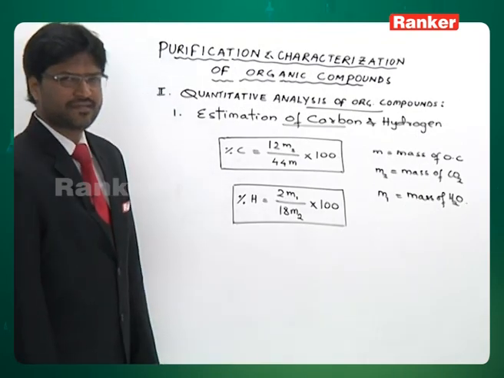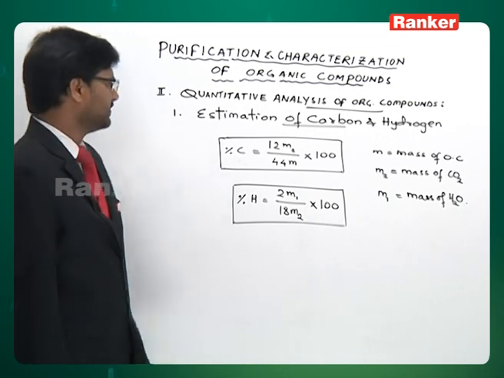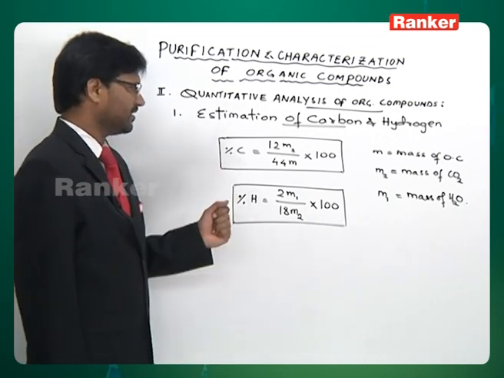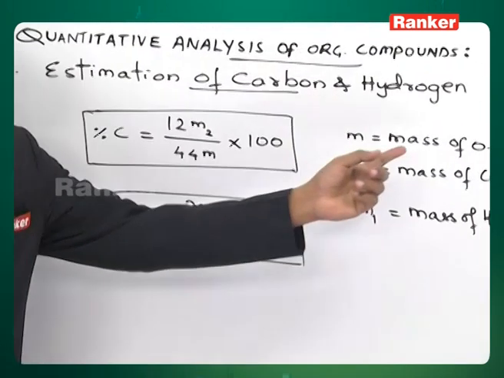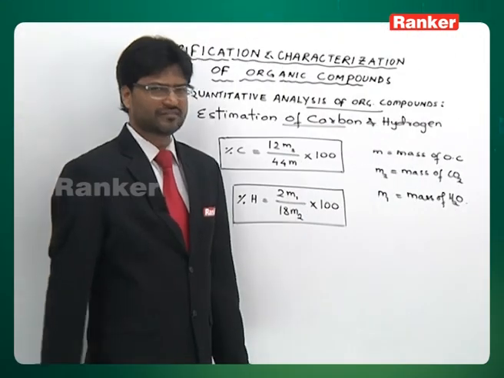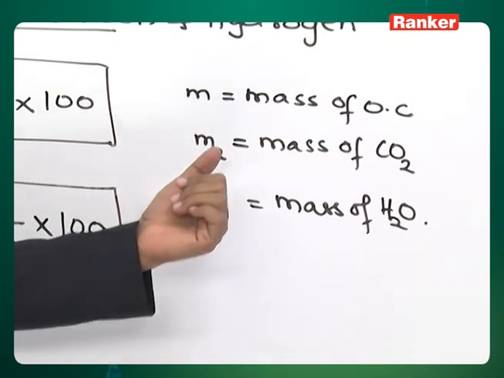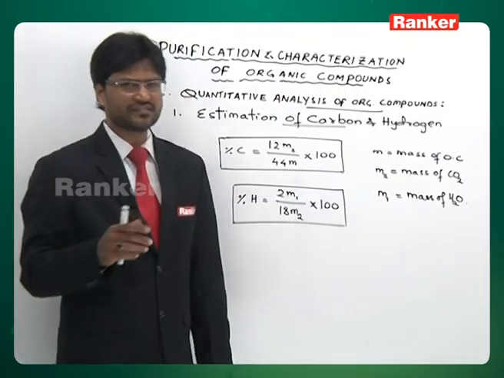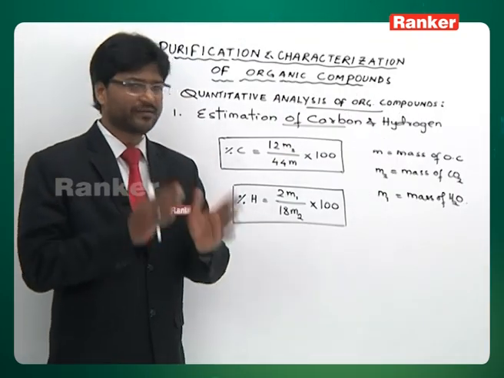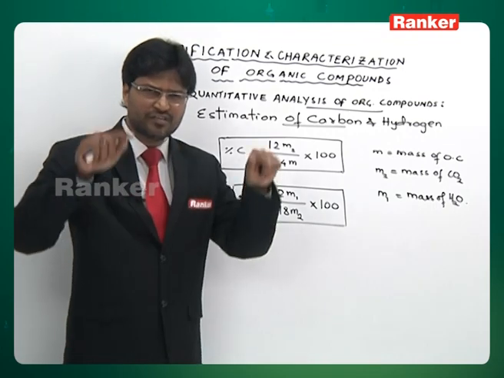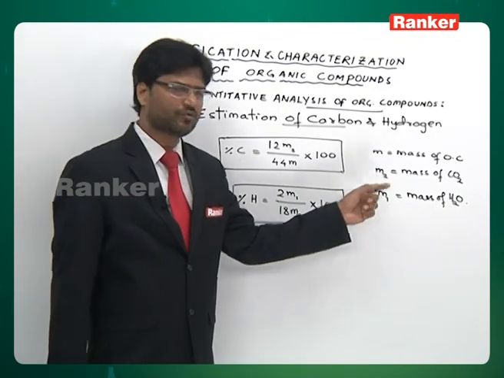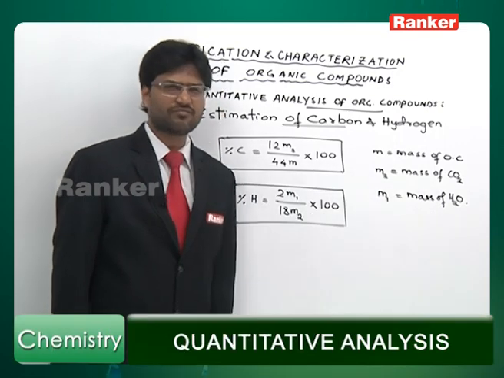Now, let us look at the calculation part of it. How to calculate percentage of carbon? First, you remember the mass of organic compound. I told you we take known mass of organic compound. The mass of organic compound, let us take it as m. Mass of carbon dioxide which is formed, that is the difference in the initial and final weight of the U tube containing KOH, that is m2, and m1 is the mass of water.